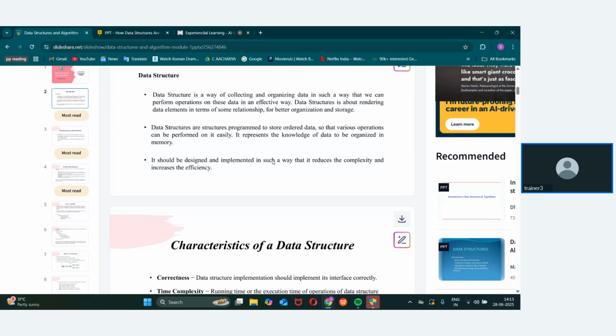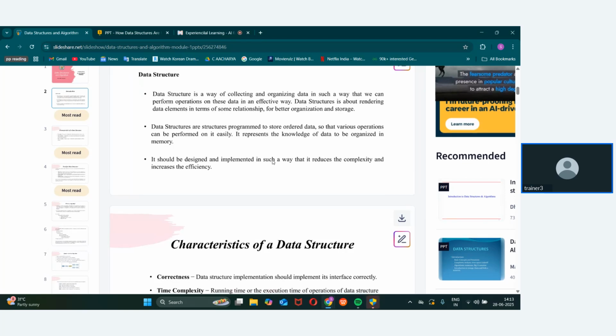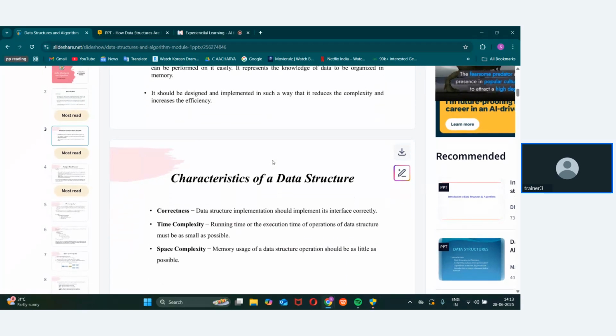Data structures are used to store ordered data. In data structures, we store ordered data rather than unordered data, so various operations can be performed easily. A data structure should be designed such that it reduces the complexity and increases the efficiency of the data.